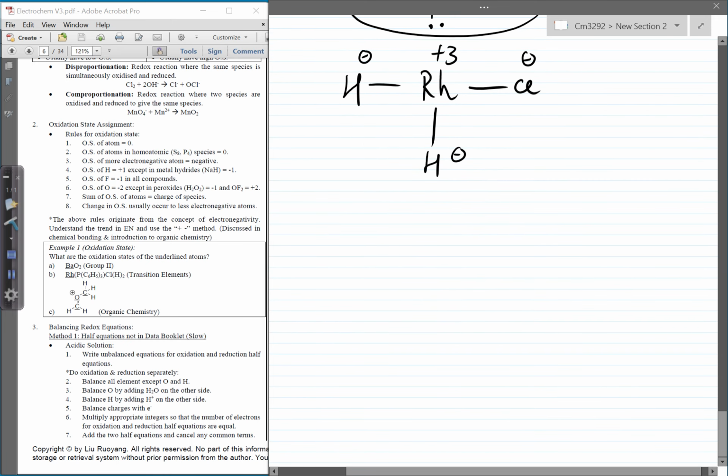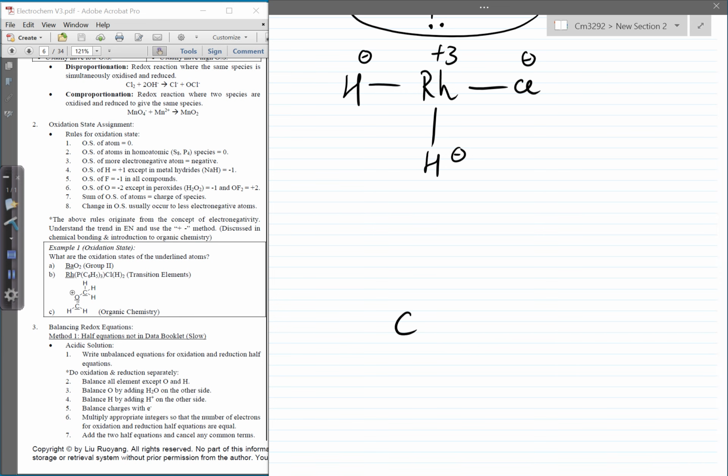Then next, for this organic molecule, once again, I've already told you this method, the plus minus method, right? So if you compare carbon and hydrogen, carbon is more electronegative. Hydrogen is 2.2 in electronegativity, carbon is 2.5.